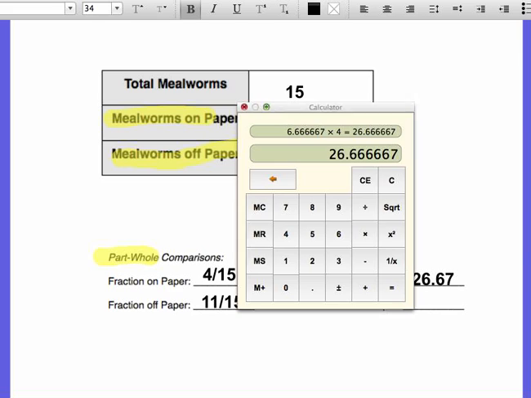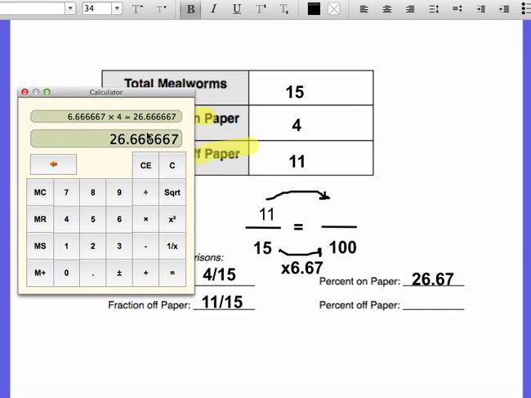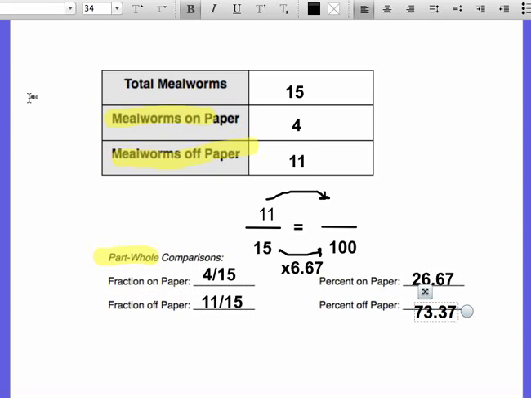So I'm just going to take 11 times 6.67, and that's 73.37.